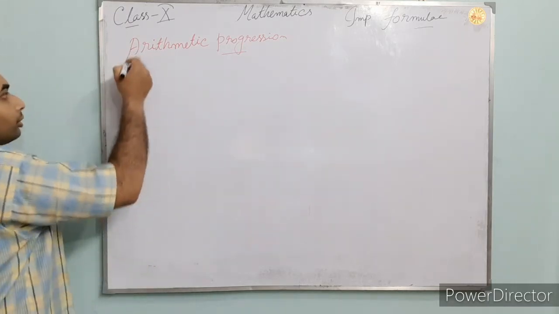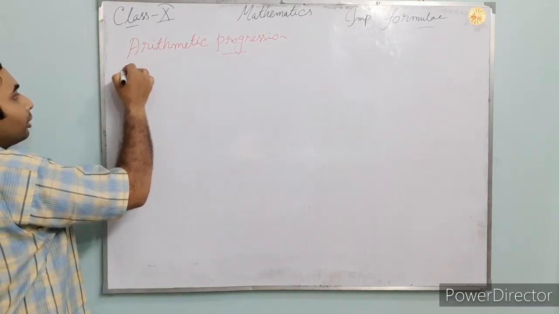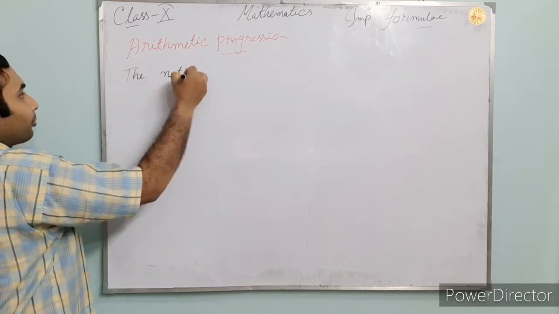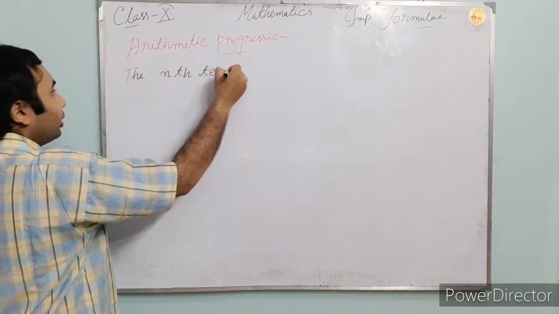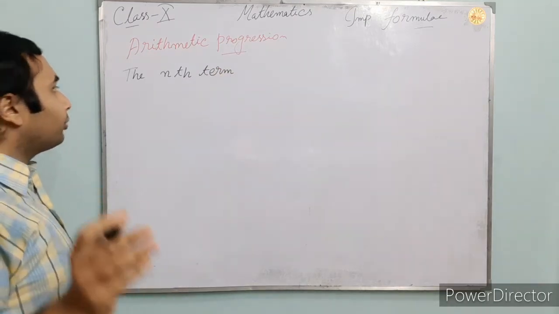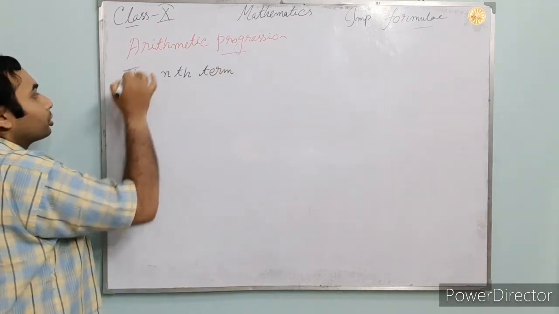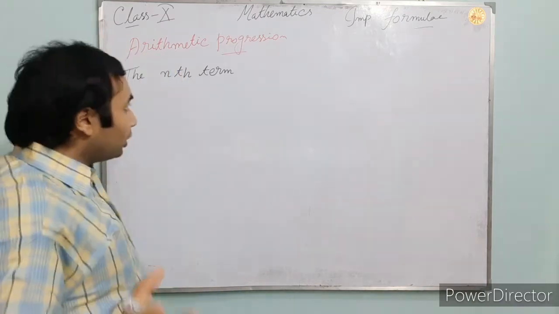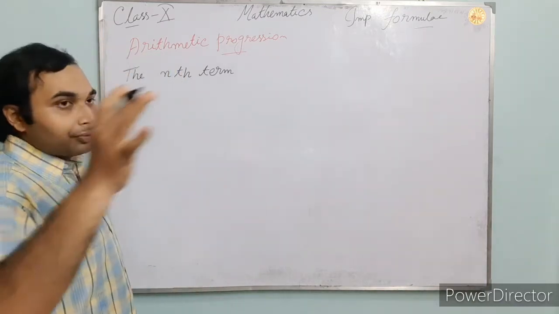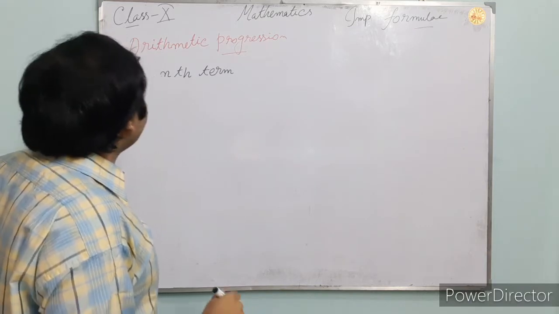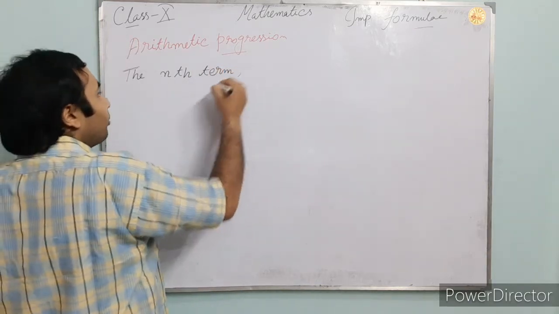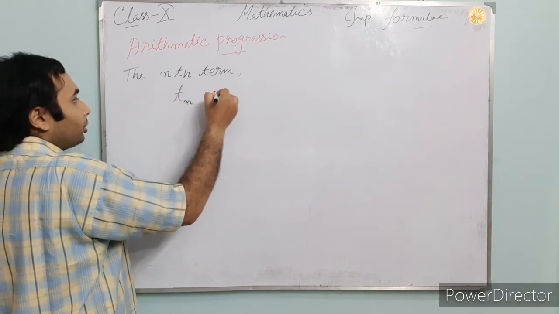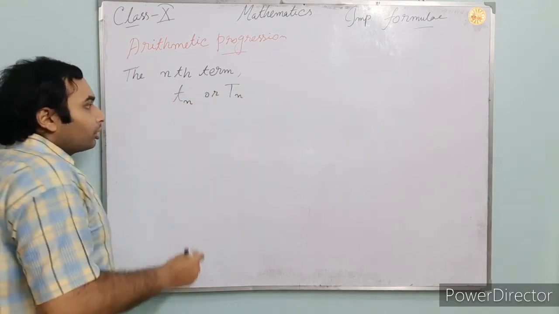For AP, whenever you do this chapter, you will find the significance of those terms. Just I am writing here. So the nth term is denoted as Tn.